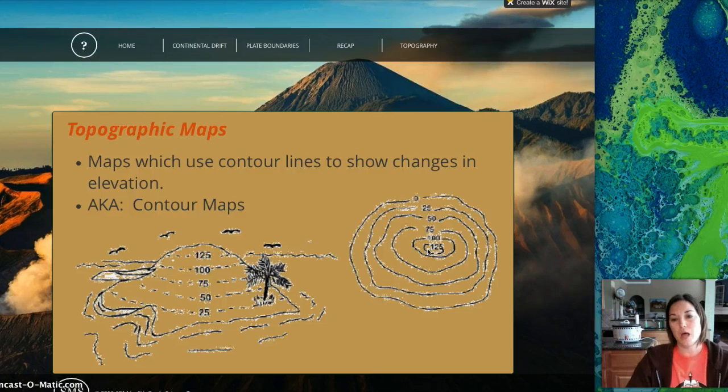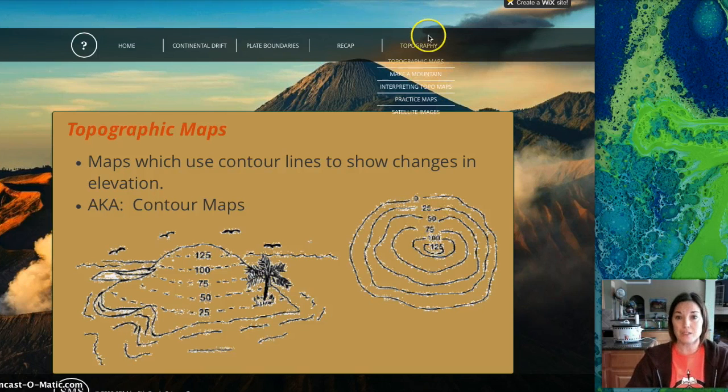So the next contour line would be 150 feet. So this hill could be all the way up to 149.9 feet. It's just not 150 feet in elevation, because if it was, there would be a 150-foot contour line right there. So we can use these contour maps or these topographic maps to predict elevations and also to identify different landscape features.